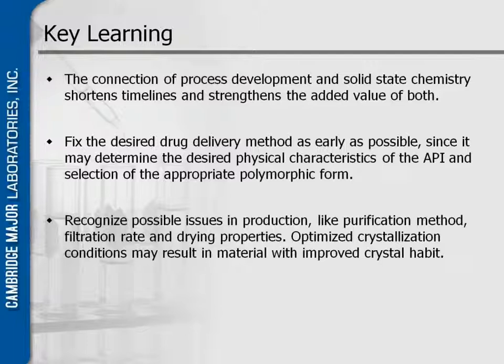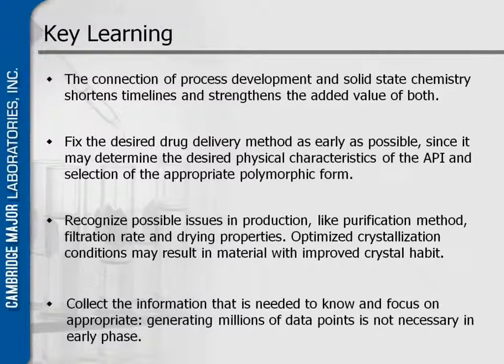When you have possible issues in production, like a purification method which cannot be scaled, look at them, recognize them, and have an idea how to optimize it. When you control your crystallization, you already have, let's say, half of the work done, because you know what the factors are to improve your crystal size or your crystal shape.